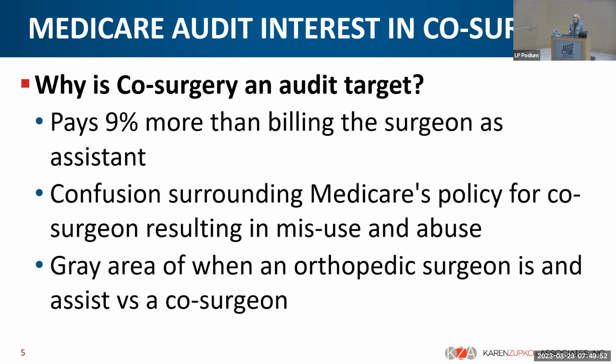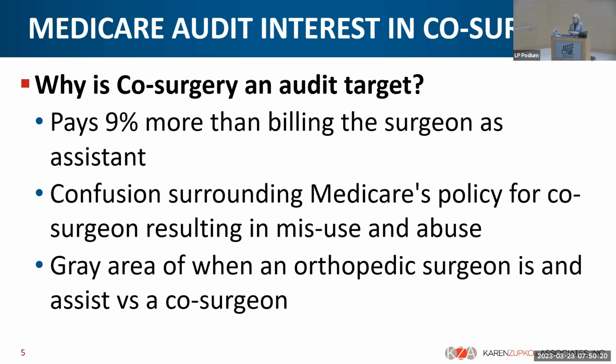Well, on paper, it looks like a primary and assist because they're all saying, we did this, we did the fusion, we did the decompression, we did the osteotomies, and then we did the hardware, and they're all doing it together. Or maybe one does one side and the other does the other side. Now, that claim will go into a payer, and they'll pay for it as co-surgeons because orthopods have a different specialty code than you do, so it will get paid, and it's done all the time that way.